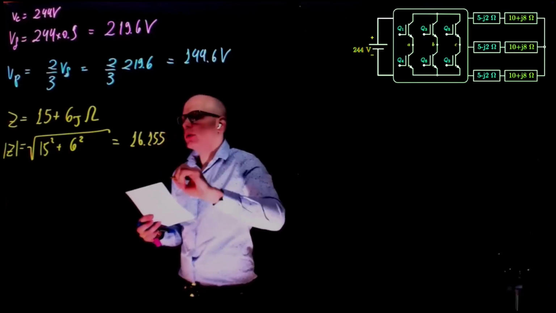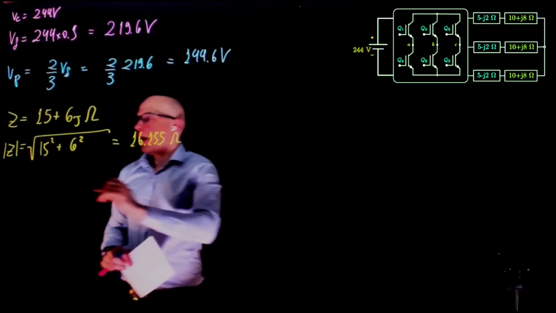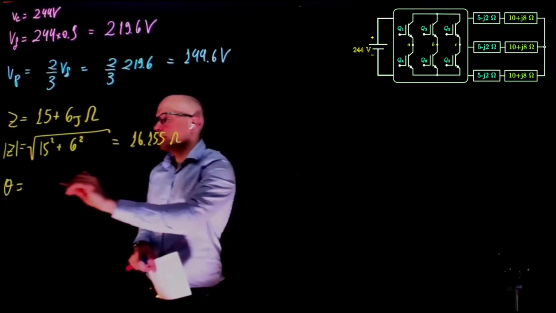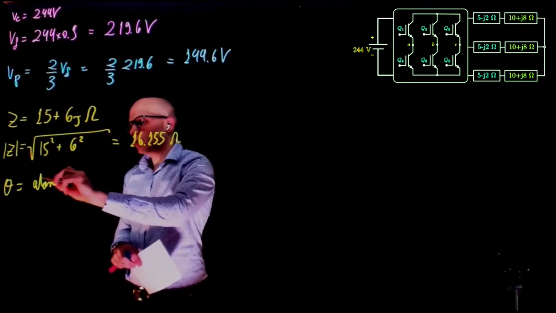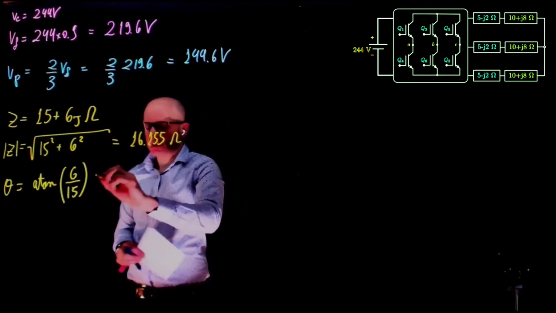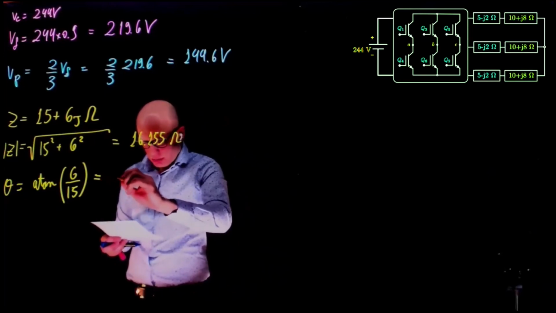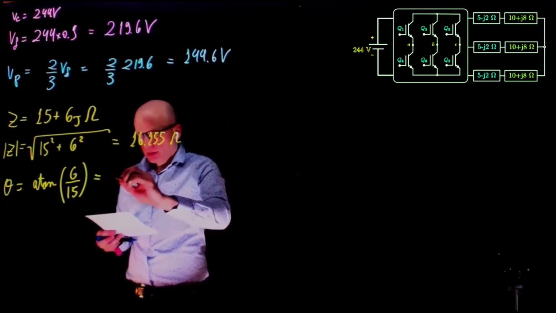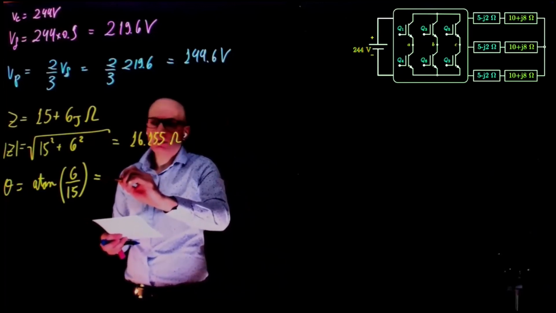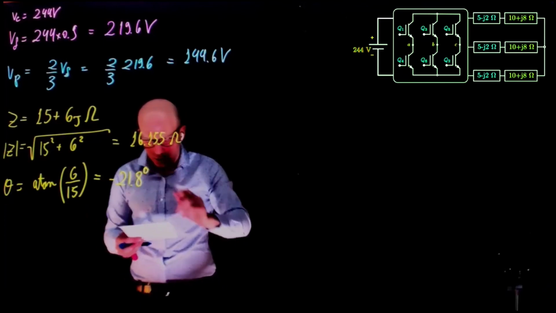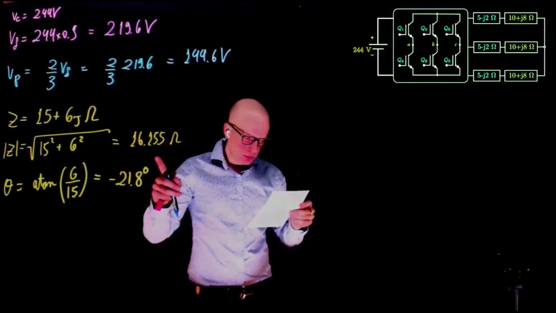16.155 ohms. And the angle of the impedance is the arctangent of the imaginary part divided by the real part. And this is going to be 21.8. But because you have a clearly inductive load, that is negative 21.8 degrees. Okay.